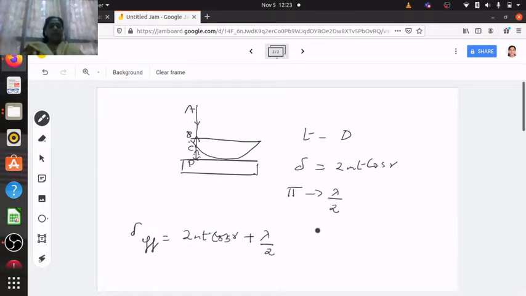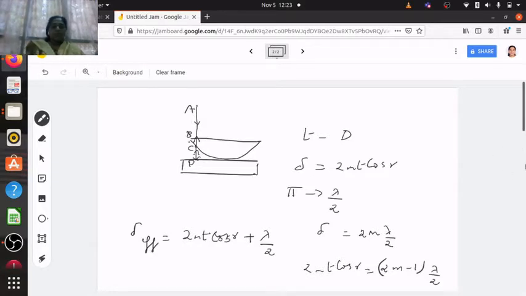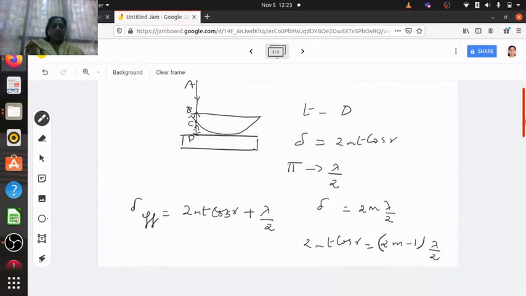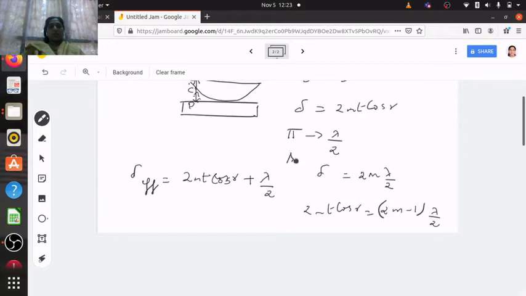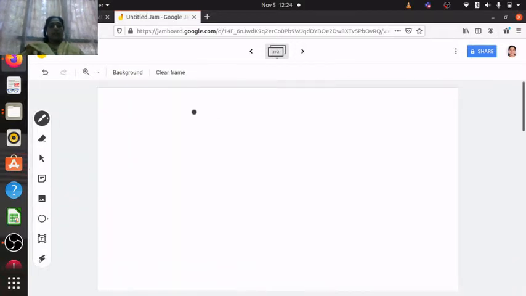According to the brightness condition in the reflected system, the path difference is equal to 2m lambda by 2, that is, 2nt cos r plus lambda by 2 equals 2m lambda by 2. The condition for the fringe to appear bright is as above, and the darkness condition is path difference equal to 2m plus 1 lambda by 2.